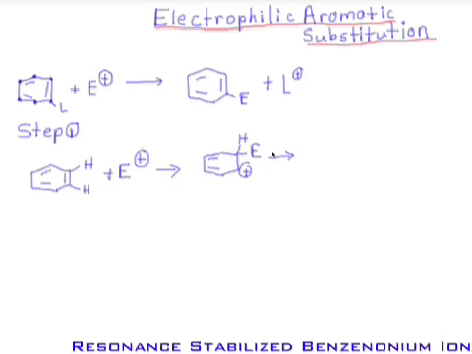That is, I can move these two pi electrons to that bond. Okay. Double bonds would now be here, and the plus would be located here.